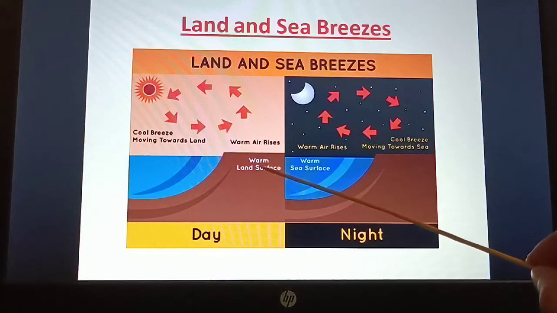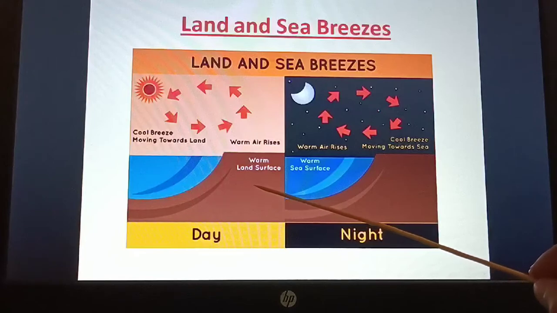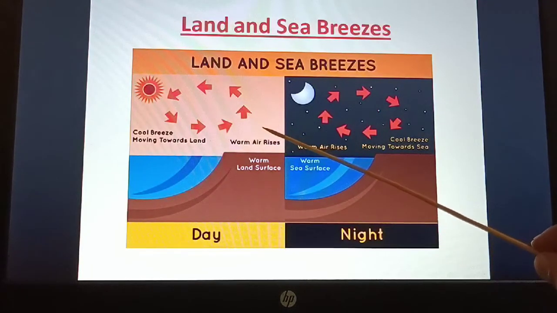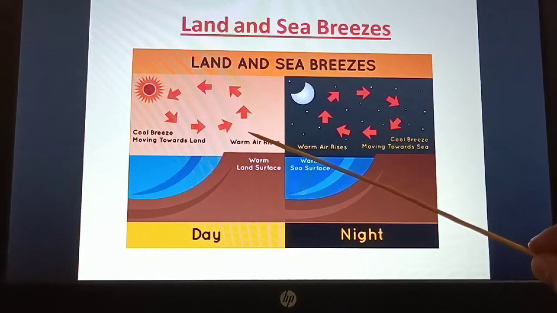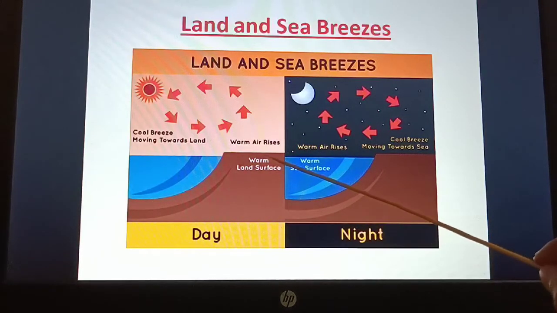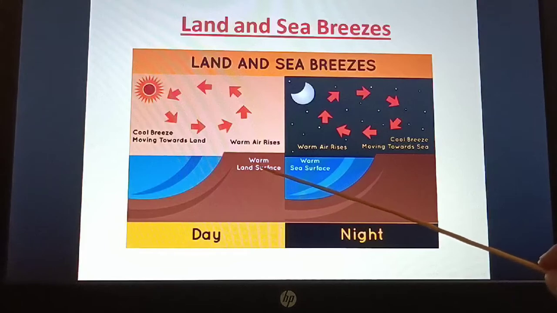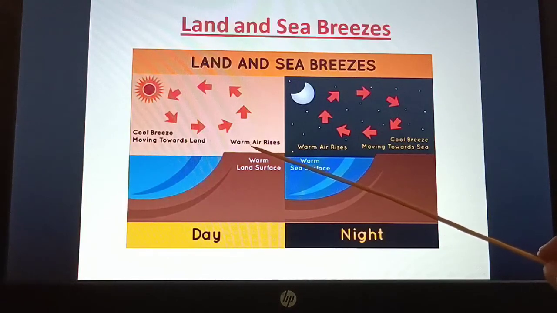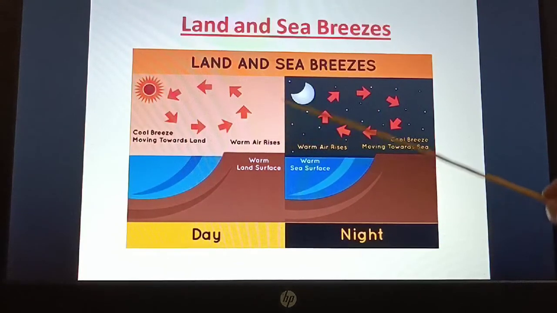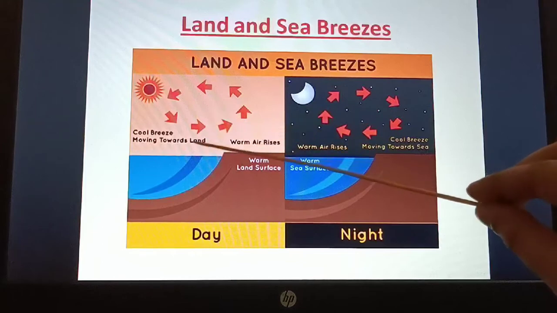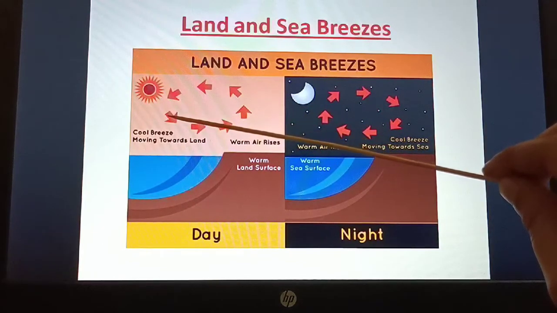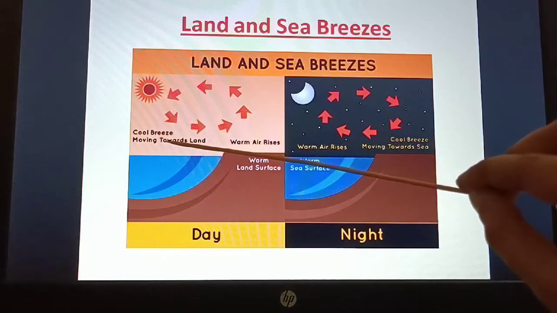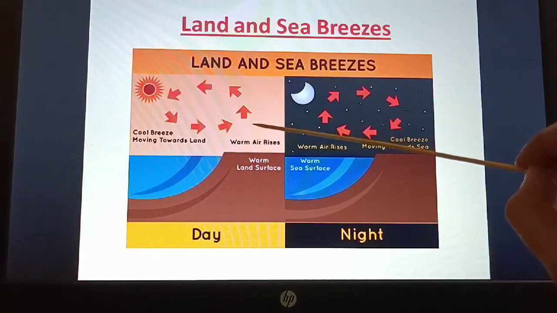Since it gets warm, the air above the land rises because it is warm. So it flows towards the sea. And the cool breeze from the sea moves towards the land.